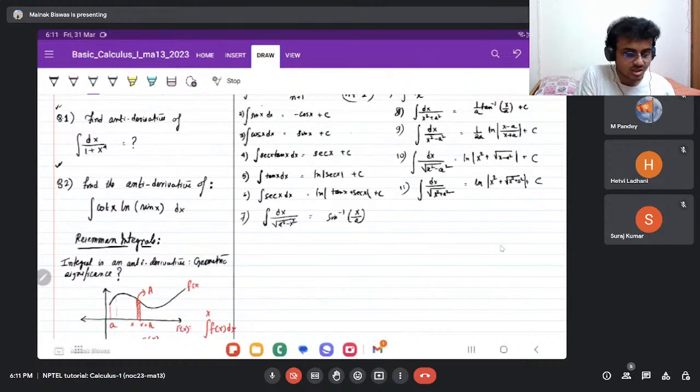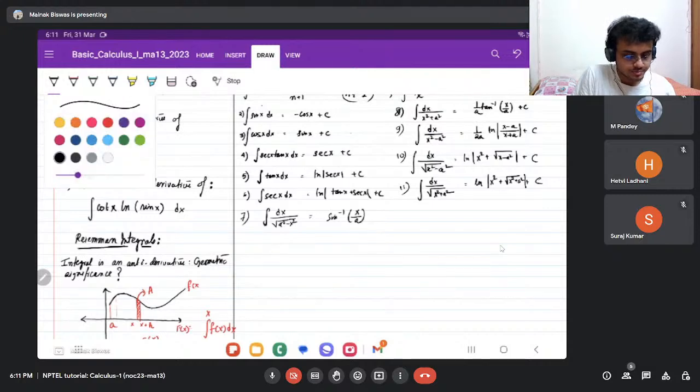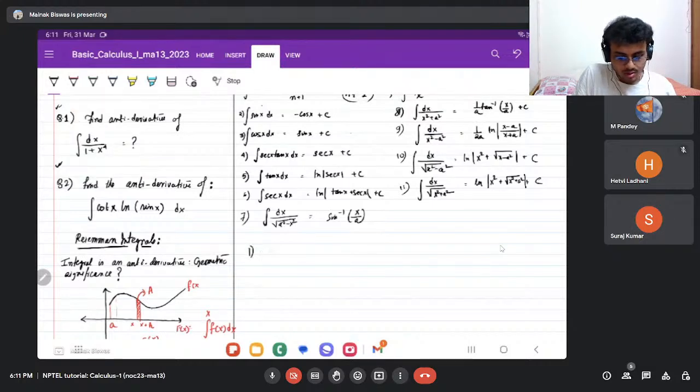Did anybody try this question? Yes, sir. Okay, so what did we do? What do we need to do? So see, for 1 plus x to the power 4, the general trick would be to take x square as a common factor.